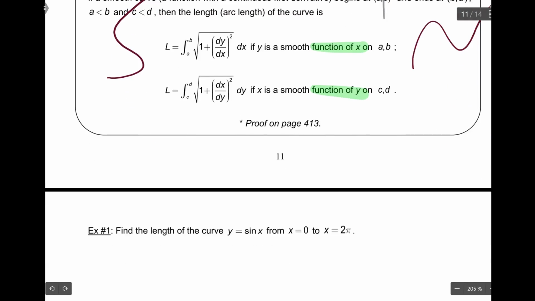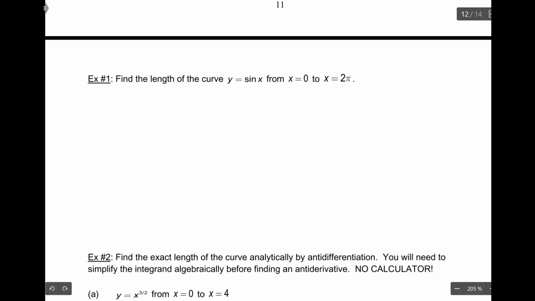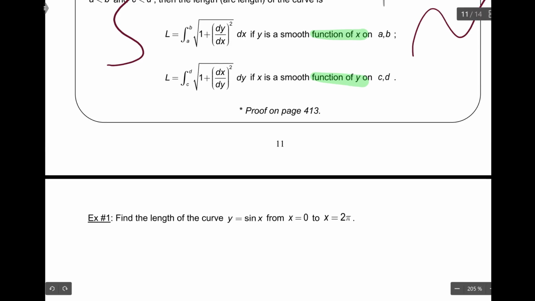Right. Cool. All right, find the length of the curve y equals sine x from 0 to 2 pi. So why is it 1 plus (dy/dx) squared? I know you derived it from Pythagorean's theorem, but where does the 1 come in? Is the 1 the bottom length?